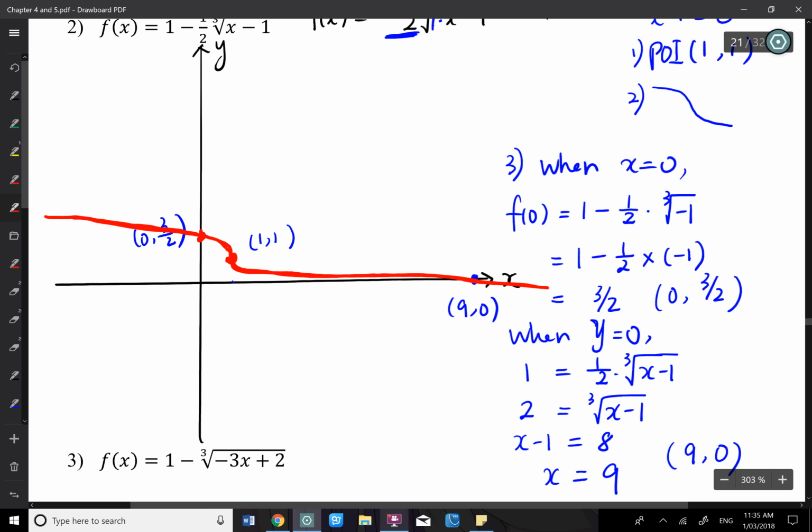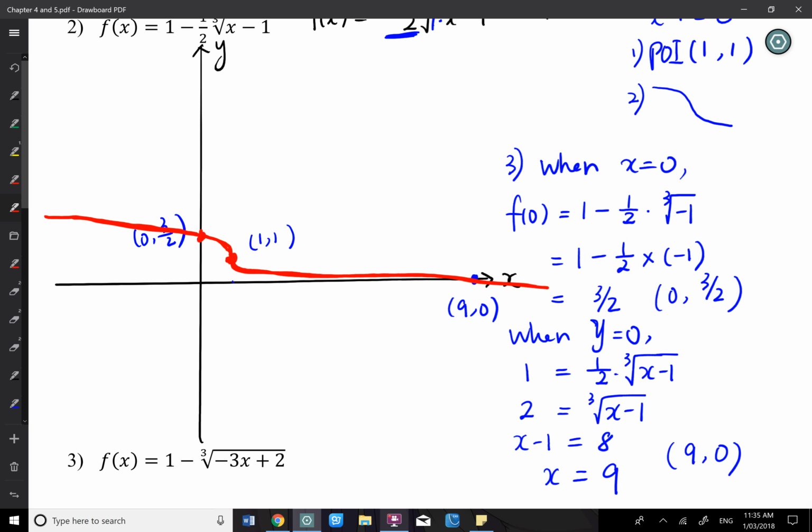I know the shape won't be very nice because the scale is stretched too much, but something similar to that should be fine. The important thing is you show that (1, 1) is a stationary point of inflection. Again, domain and range are R and R.